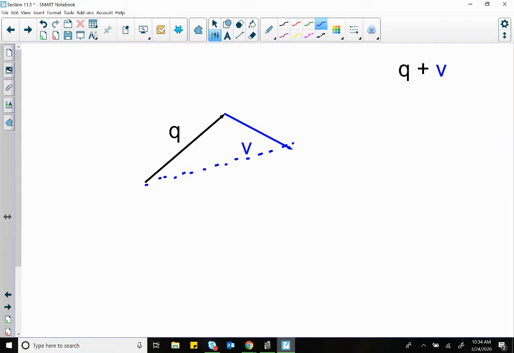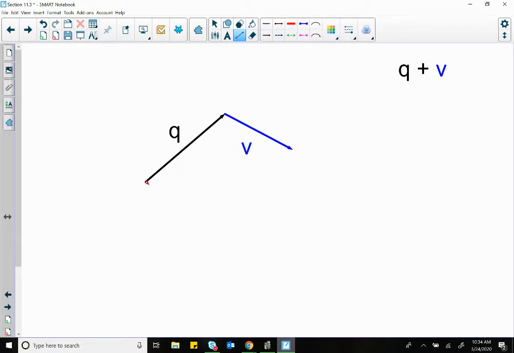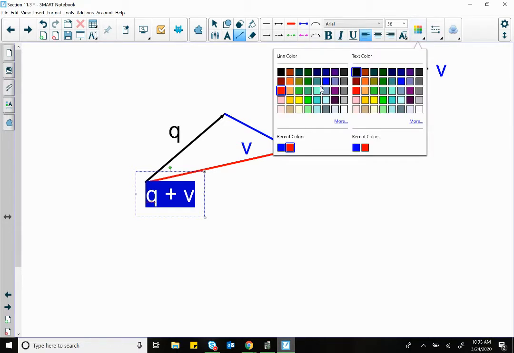And this distance that you see right in here, from here to here, actually, let me change the color. Let me actually do a line. So starting right here, all the way to the end of my vector V right there, that red line is your Q plus V. So that red line right there represents the Q plus V. Okay?